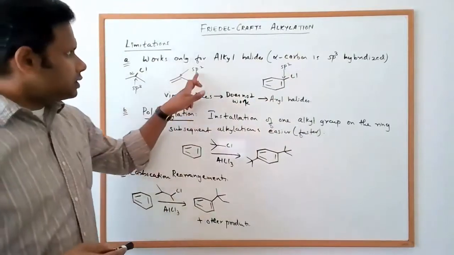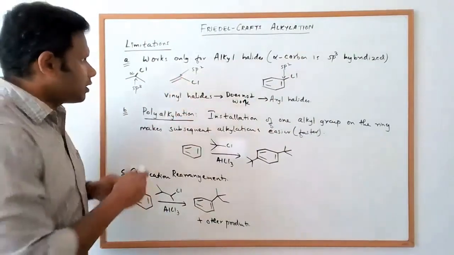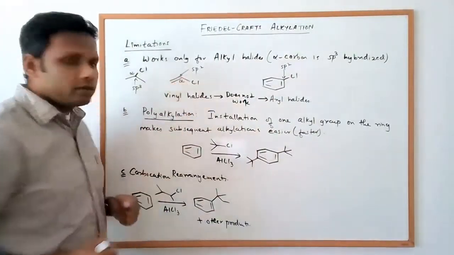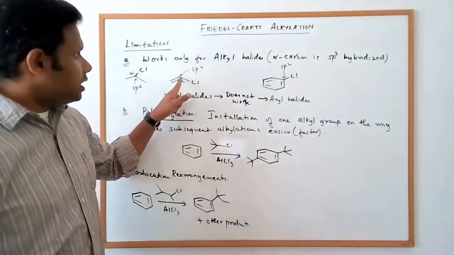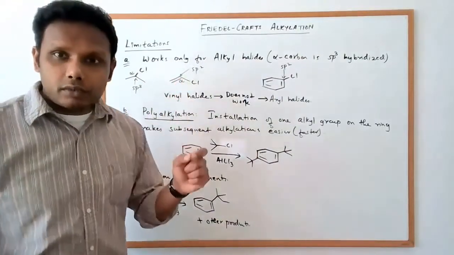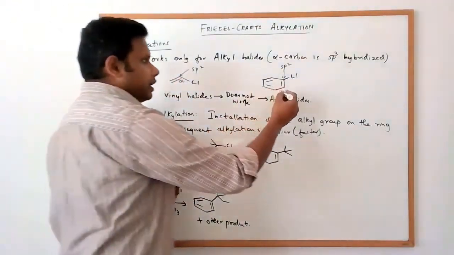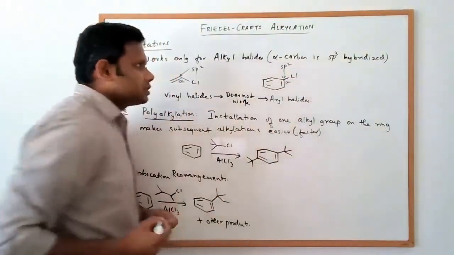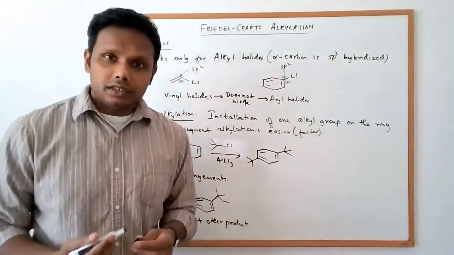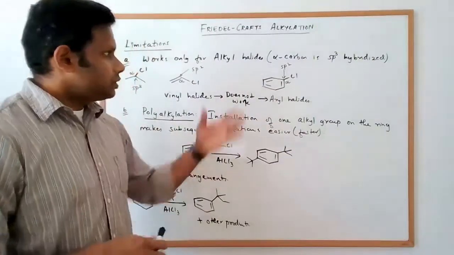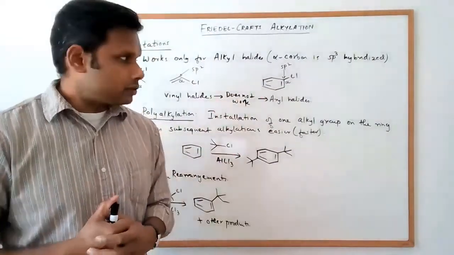That's because in the vinyl halide, the alpha carbon is sp2 hybridized. So this is where the alpha carbon is part of a double bond. And for aryl halides, the situation is the same because the alpha carbon is sp2 hybridized. So it doesn't work for such compounds.